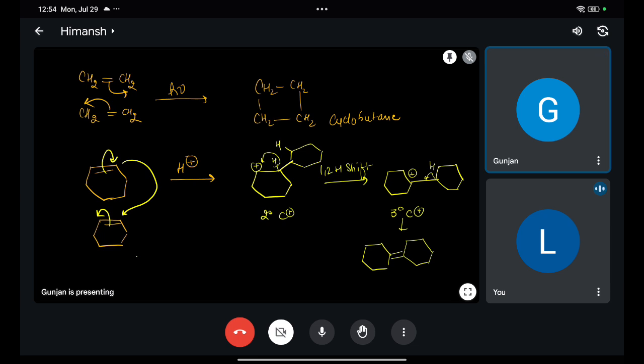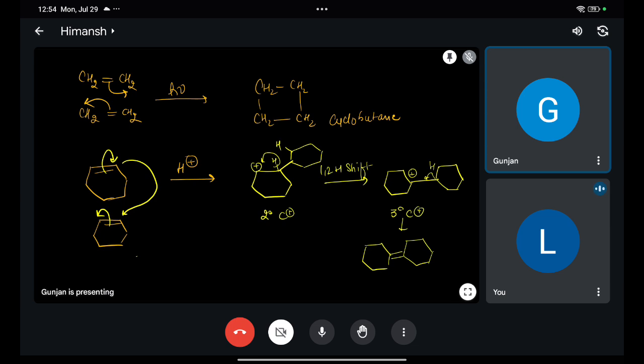And that hydrogen bond breaks and a double bond is forming between them. Any problem in that, Himansh? Yes, ma'am, the hydrogen bond breaks and a double bond is forming between them. Oh, this is that alkene formation, in preparation of alkenes, the dehydration reaction, remember?